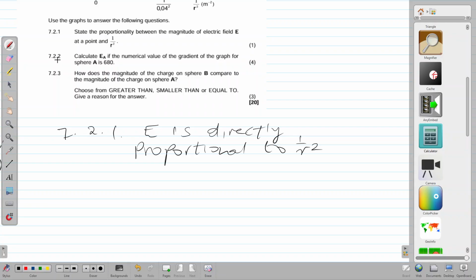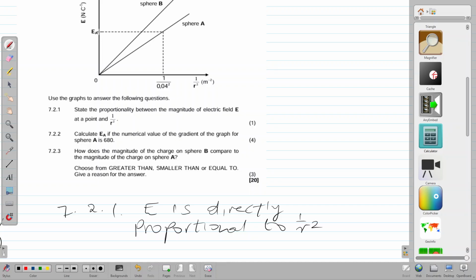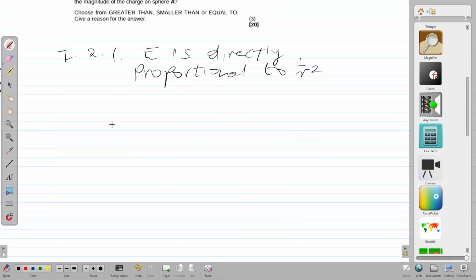And then 7.2.2, calculate EA. So we want to calculate this y value here, if you are given this x value and the gradient is 680. We will have to first write the equation that relates electric field and distance.